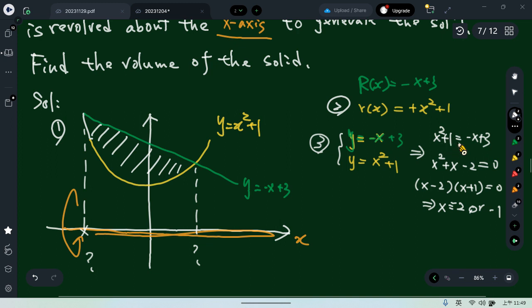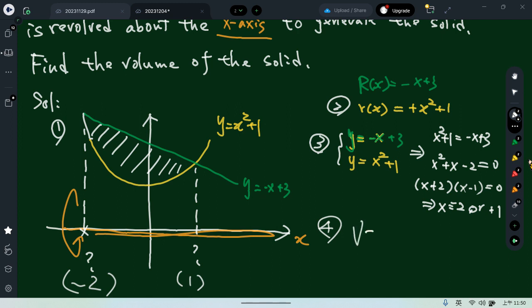We can get x squared plus 1 is equal to minus x plus 3, so x squared plus x minus 2, so x plus 2 and x minus 1. So this is minus 2, this is 1.